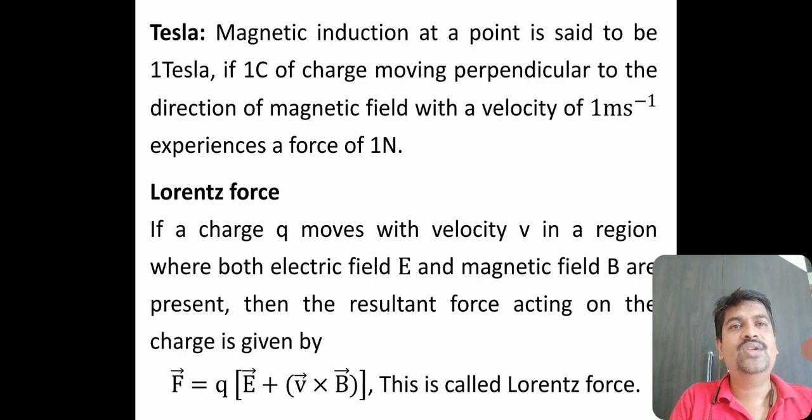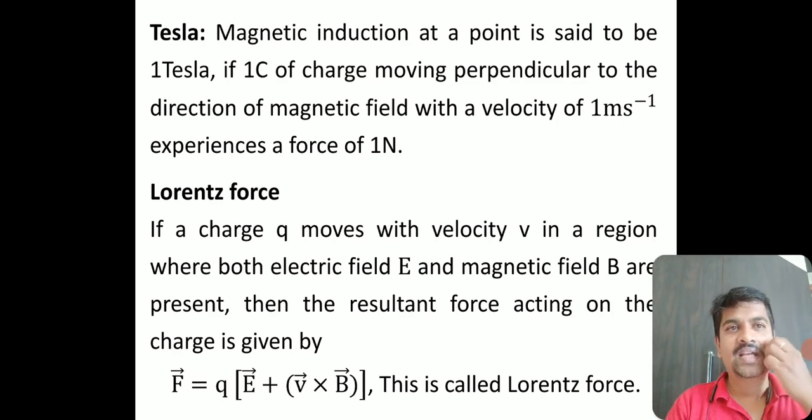I also define what 1 Tesla is. 1 Tesla is that magnetic induction at a point if 1 coulomb of charge moving perpendicular to the direction of magnetic field with a velocity of 1 meter per second will experience a force of 1 Newton.